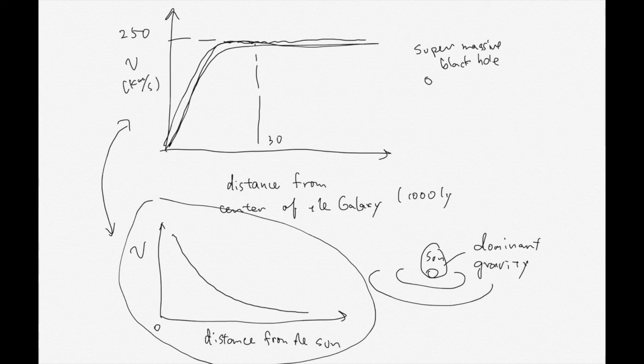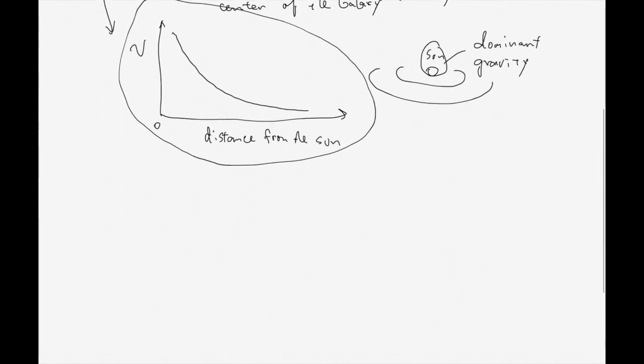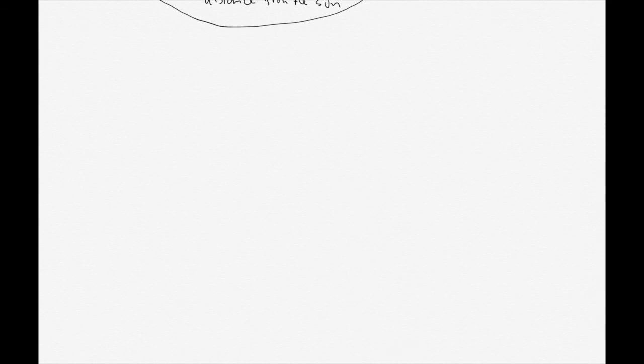Then we'd like to find out the mass of the galaxies. We use this rotational speed of stars to calculate the mass of the galaxy within the orbit of stars. Let's consider the circular motion of the stars.